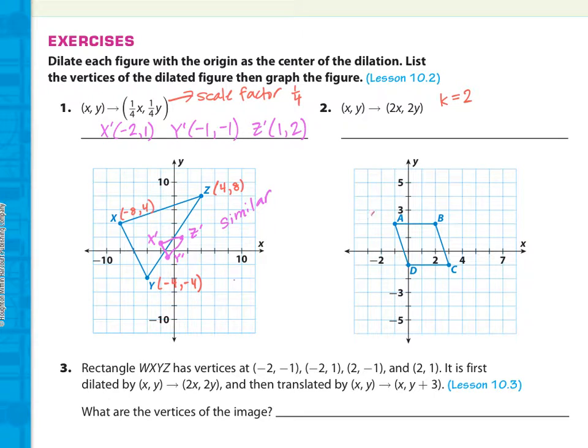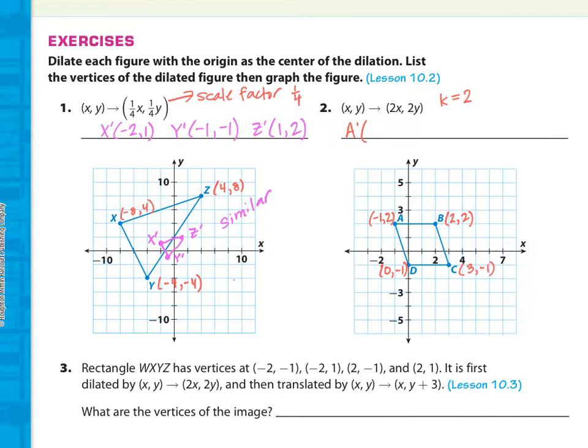Let's write down our coordinates. A is, this goes by 1s this time, so -1, 2. B is 2, 2. C is 3, -1. And D is 0, -1. So when you multiply everything by 2, let's just write down these coordinates first so I don't forget.